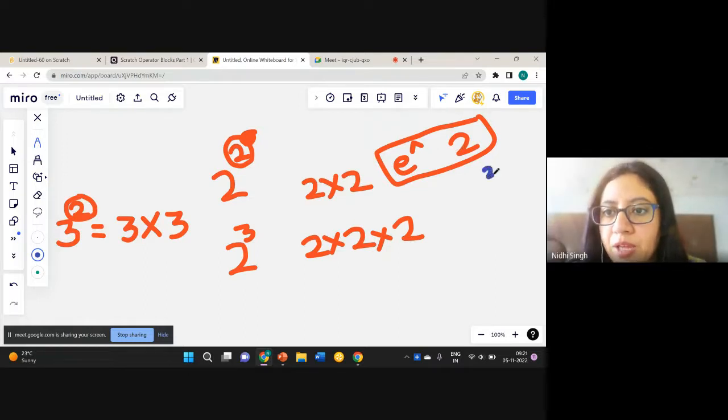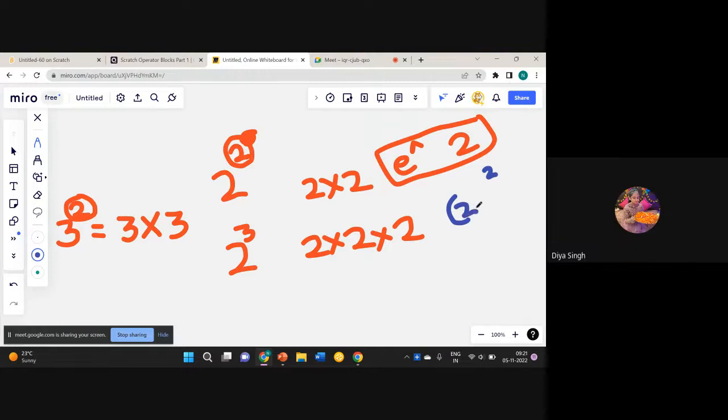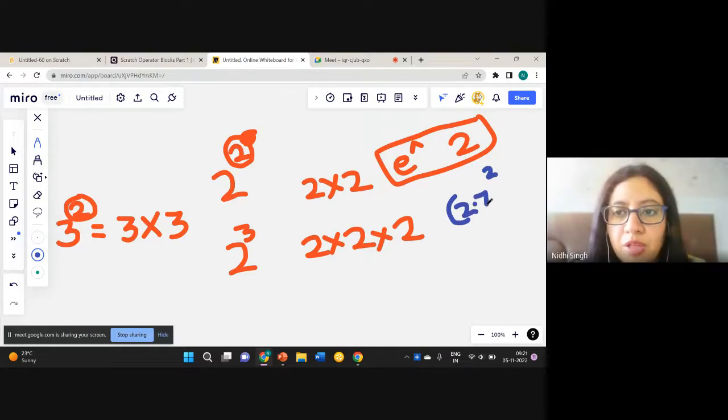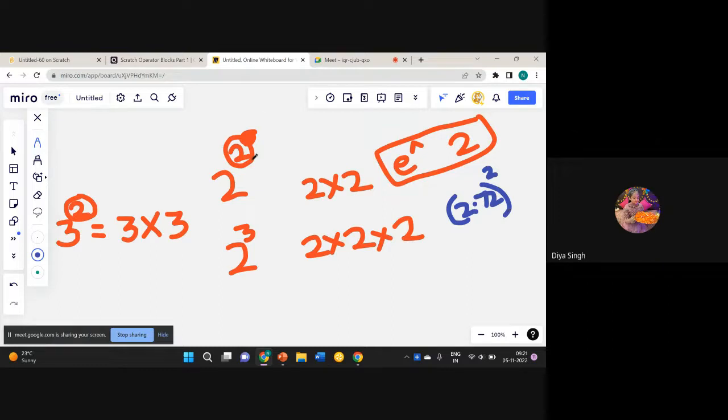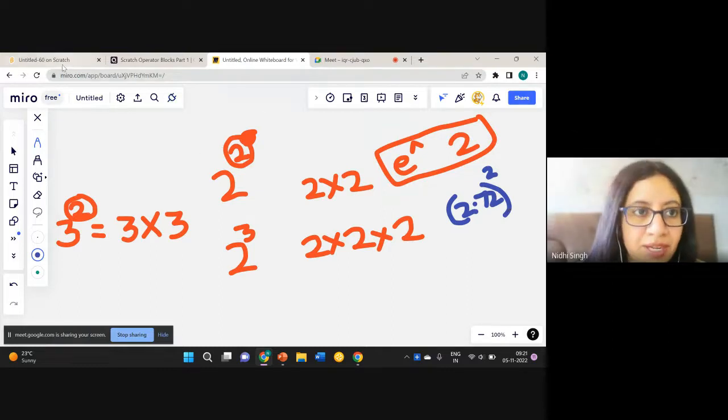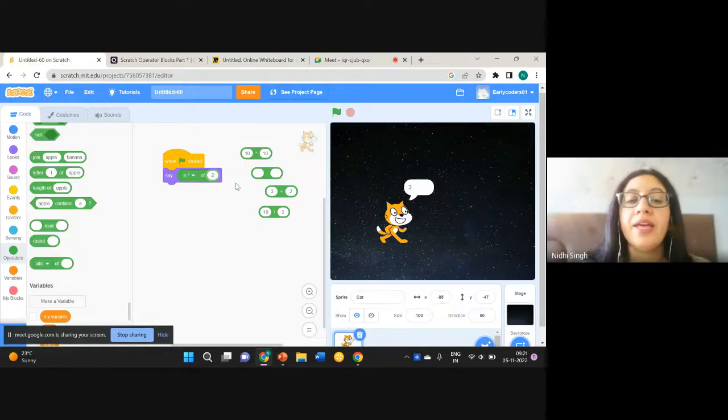So we are multiplying 2.72 how many times? 2 times. We will not do the multiplication here, I will show you the result. We are not doing such a long calculation.